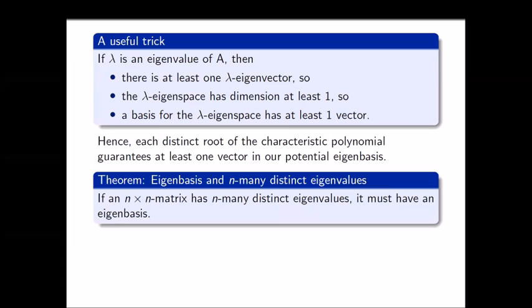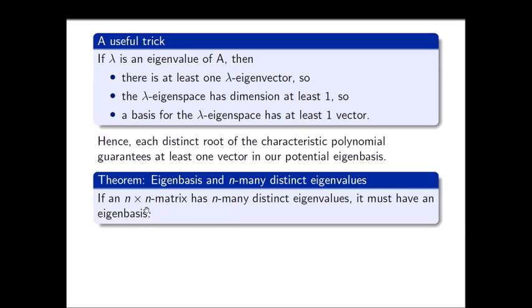So if we have a characteristic polynomial that gives us distinct roots, remember that because the matrices are of size n by n, the characteristic polynomial will be of degree n. So if it has n distinct roots, that is, eigenvalues, it must have an eigenbasis.